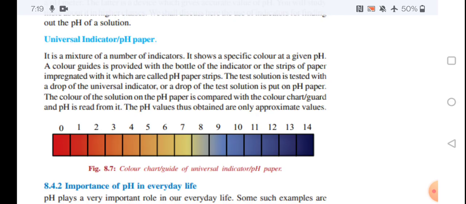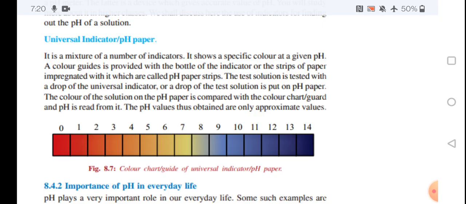It shows a specific color at a given pH. A color guide is provided with the bottle of the indicator or a strip of paper impregnated with it, which is called pH paper or a strip.